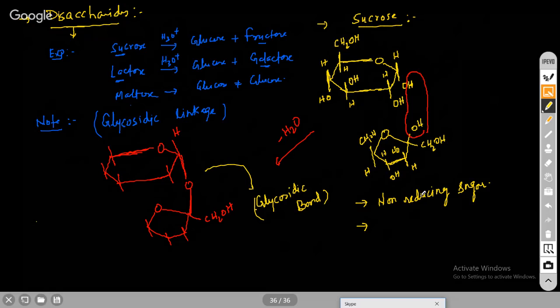They have given the structure like this, and they asked whether it is reducing or non-reducing sugar. So this one is non-reducing. And then you write down, whatever non-reducing sugar we have does not show mutarotation.